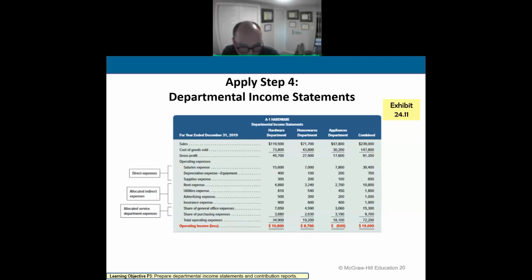My gross profit minus my total operating expenses equals my operating income or loss. And I do it for each department, right? In this example, I got hardware, housewares, appliances, or it could be, if it's Macy's, jewelry department, housewares, appliances, clothing department, etc. I add all those together to get my combined income statement or my total income statement for the whole store.